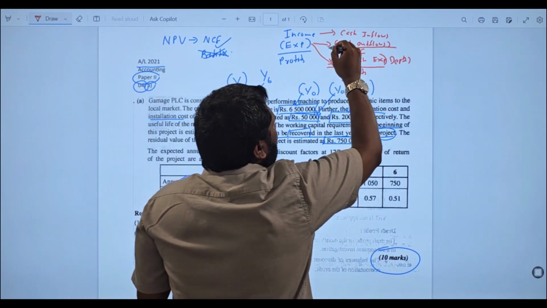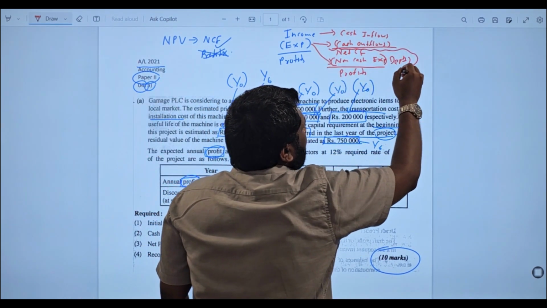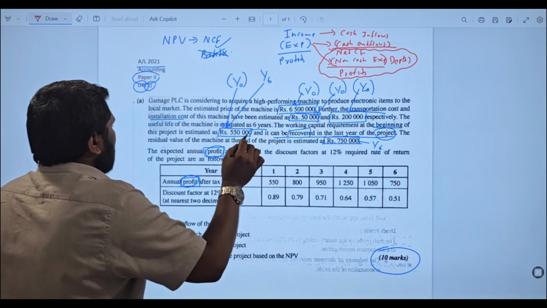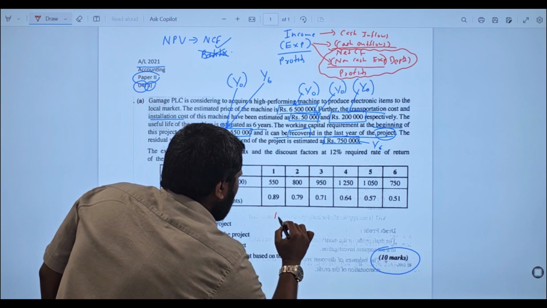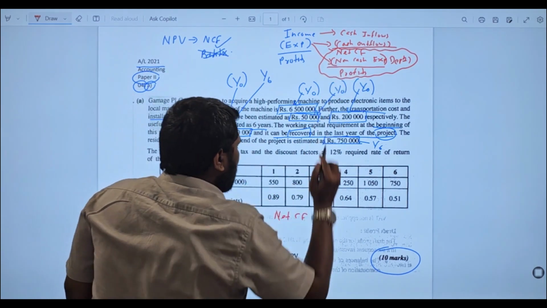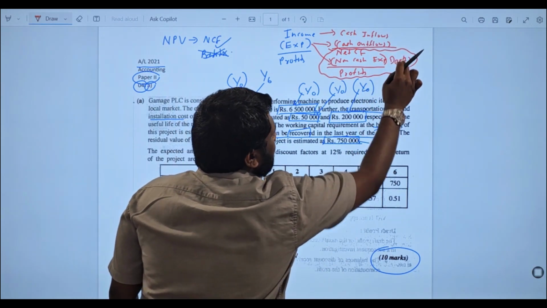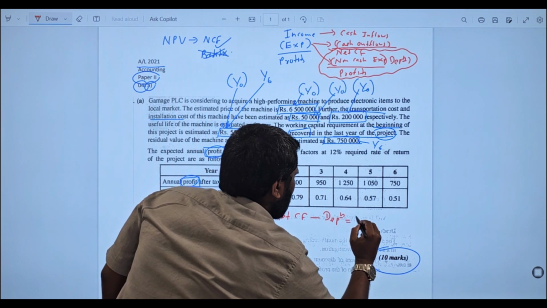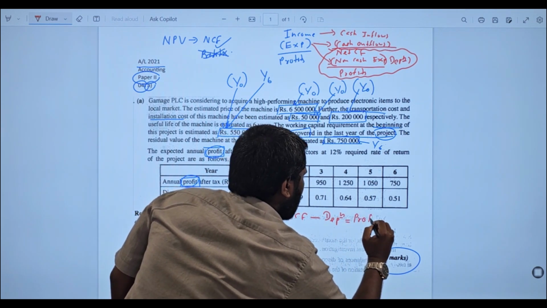Now listen carefully. From the net cash flow, if you deduct the non-cash expense, depreciation, you get the profits.